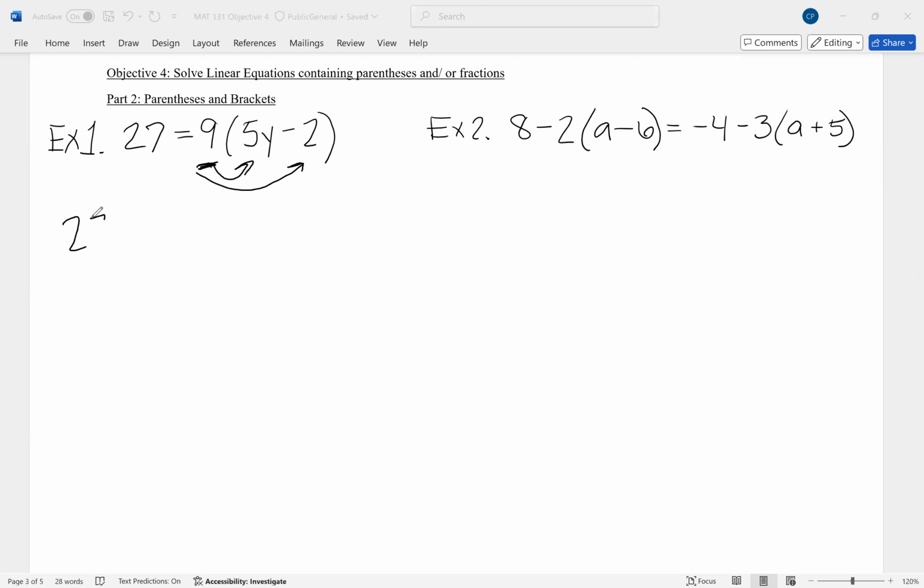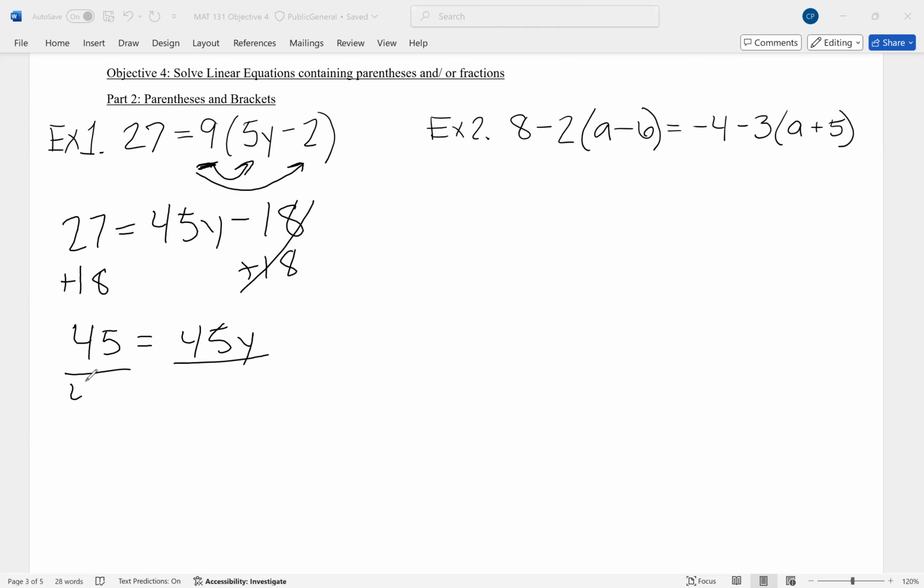So we're going to have 27 equals 45y minus 18. From here, we will continue by solving for y, for whatever variable we have, okay? We'll get 45 equals 45y.